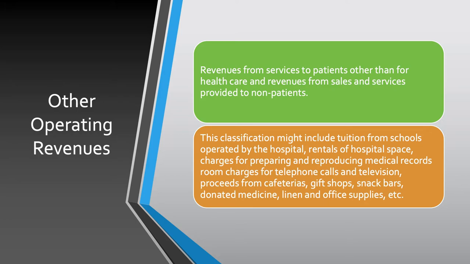This classification might include tuition from schools operated by hospitals or rentals of hospital space. If you have a building of the hospital where at the ground floor you have shops, if you have ever entered some of the hospitals, like if you go to Makati Med, there's Dairy Queen and other food shops on the ground floor.